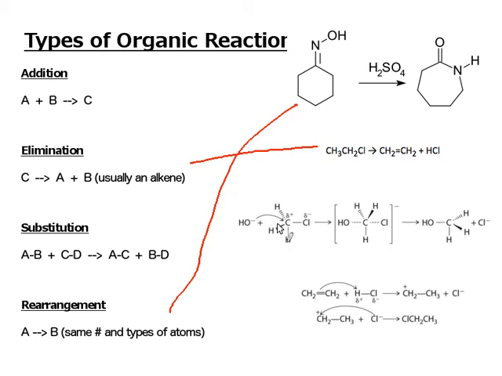So we've got A plus B, C plus D. Just looking through here, that seems to fit a substitution reaction. If we think of this a little more deeply, we can see that it is a substitution. This hydroxide has attacked the carbon and kicked out the chloride. The hydroxide has substituted for the chlorine in the substrate here. So this is a nice substitution reaction.